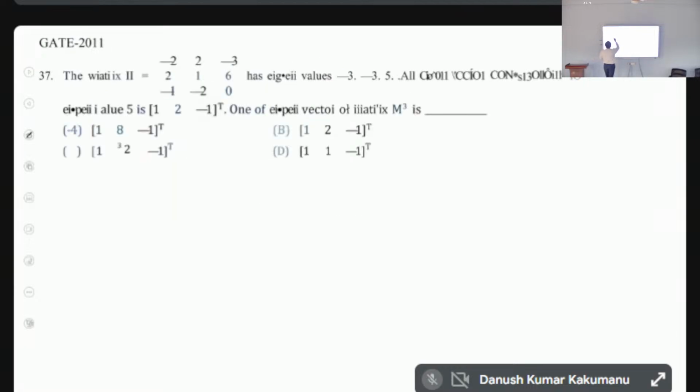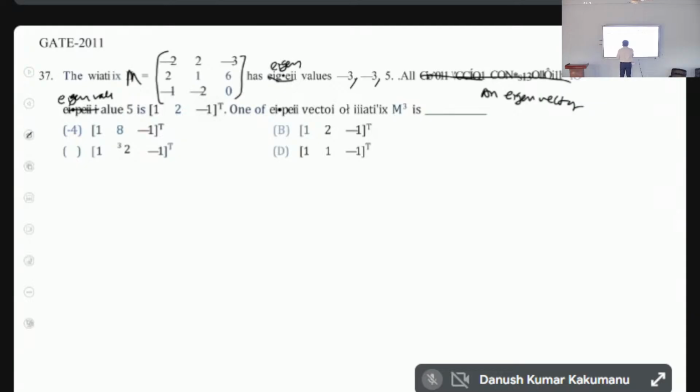The matrix M has eigenvalues minus 3 and 5. An eigenvector corresponding to eigenvalue 5 is 1, 2, minus 1 transpose.